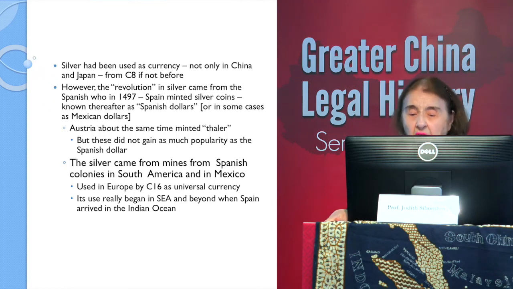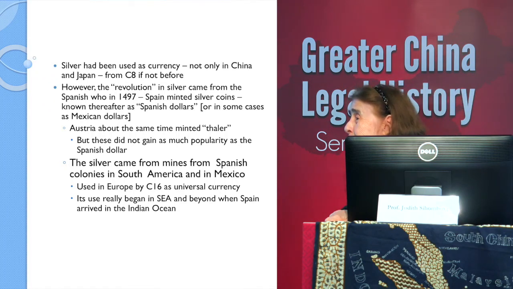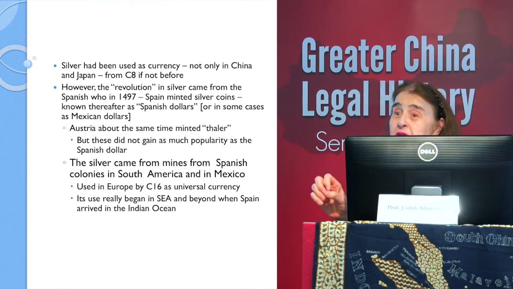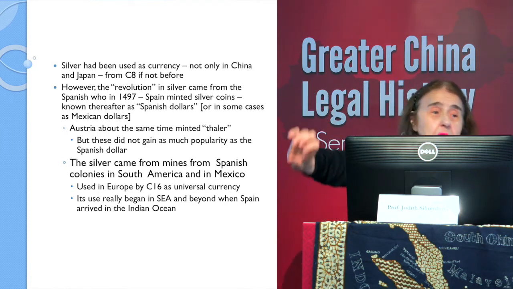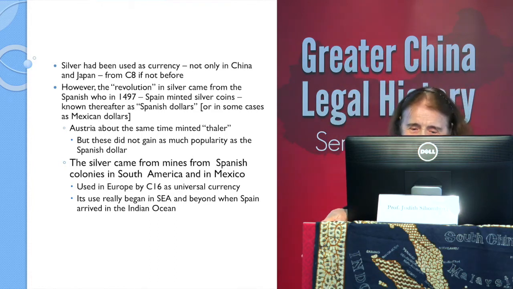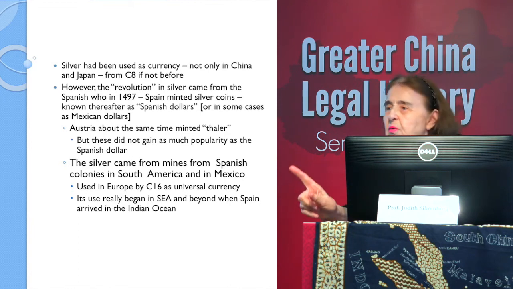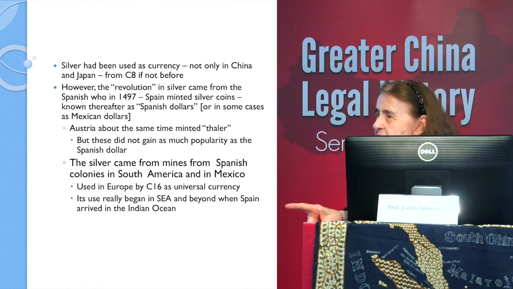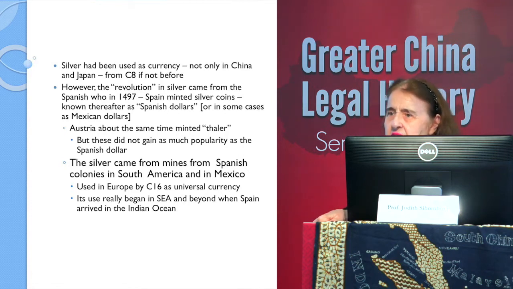They minted thaler, but they weren't as popular as the Spanish dollar, because it had all of the romance of pirates and Hollywood movies and all of that stuff in Southeast Asia. Silver came from Spanish colonies, and remember, they were working with mercury, dying as they worked to clean the silver. Not nice.